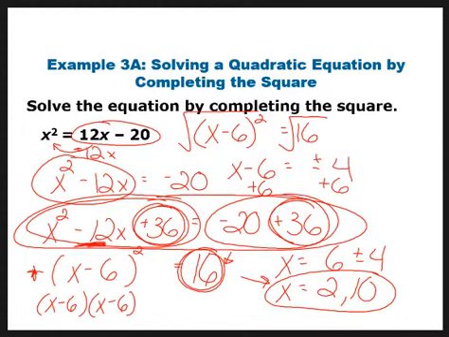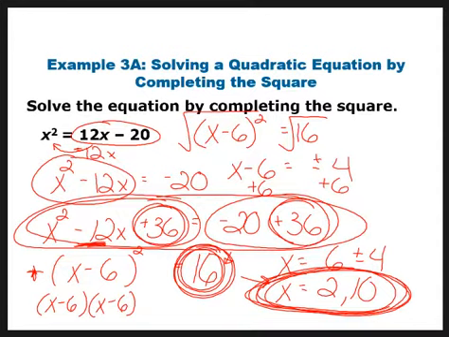Had I taken the 16 and moved it over and subtracted it, I would have ended up with these two values down here representing the x values where my graph would cross the x-axis. So it just depends. If it's set equal to 0, these represent where your parabola would cross the x-axis. If it's set equal to some other number, like in this case 16, these numbers represent where the parabola would intersect the horizontal line at 16.